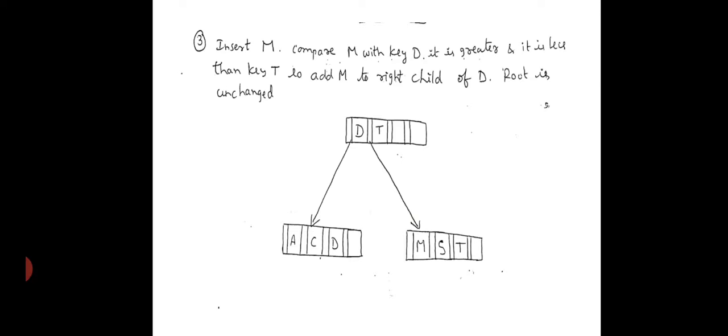Again, compare the inserting element M with the root elements. In the root, D and T are there. Compare M with D. M is greater than D, and it is less than T. So add M to the right child of D and left child of T. Here again the root is unchanged. So this diagram shows the tree after insertion of M.